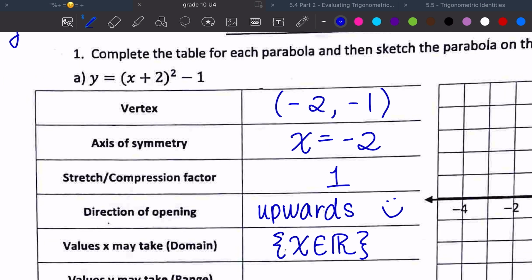So in this case, my vertex y value is at -1, and I'm opening upwards. So I know y ∈ ℝ, such that, but what's the restriction? Yeah, Shiza? y has to be greater than or equal to -1. Exactly. It can touch -1, and because it's opening upward, it's going to be everything above -1. If it was opening downward, it would be everything below -1.